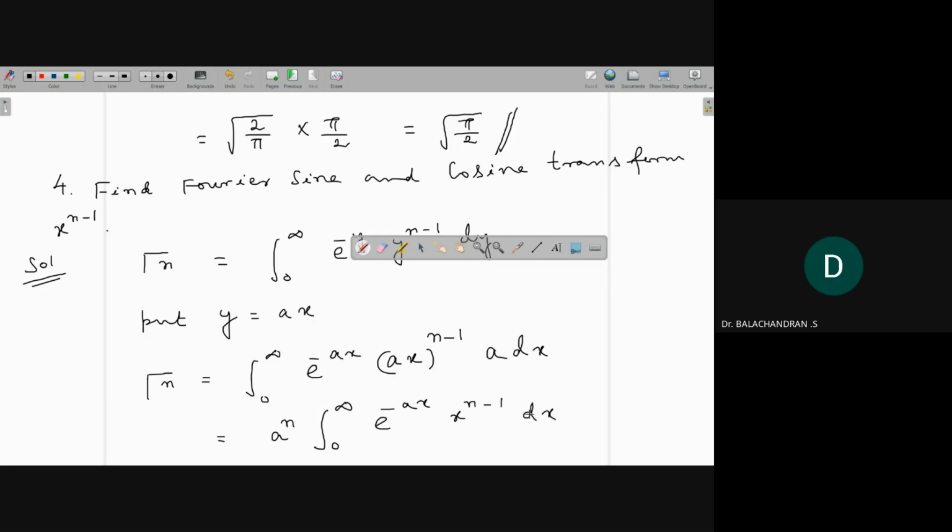Okay, now I am going to write the value of this integral: integral 0 to infinity e power minus ax into x power n minus 1 dx is equal to gamma of n by a power n. I will write in the next step.